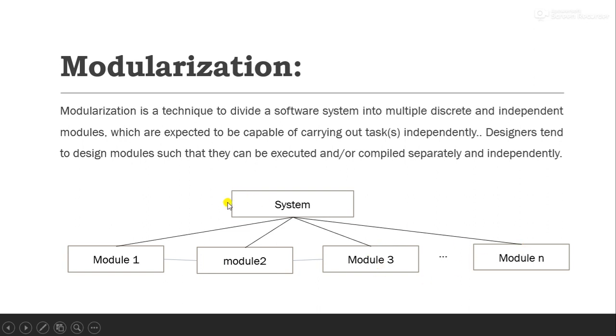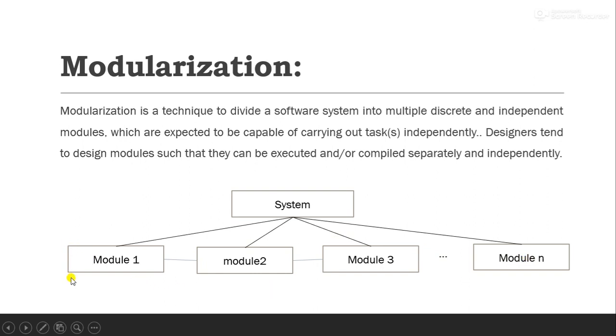For example, consider a social networking site. They may have different independent modules. For example, module 1 can be considered as the login and registration module. Module 2 can be considered as the search and add friend module. Similarly, this module can be considered as update status. Similarly, we have a number of independent modules.